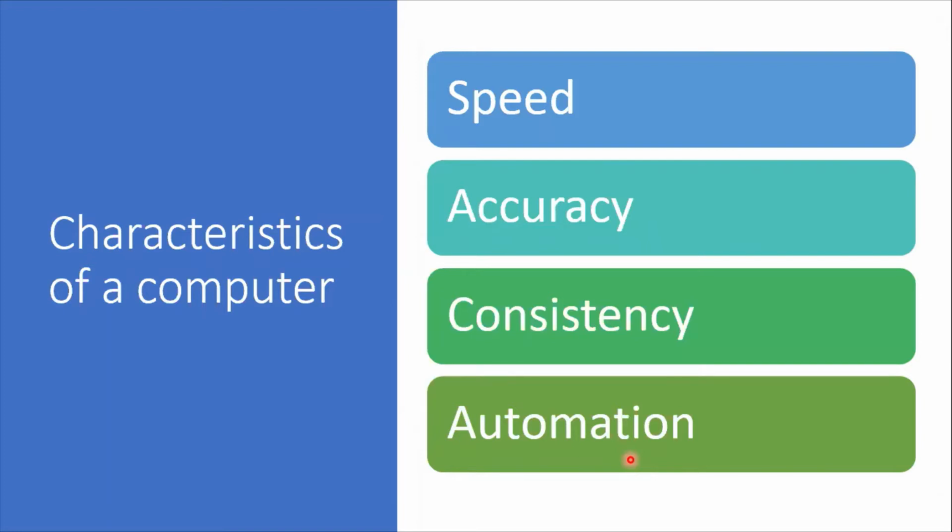Not only this simple automation: once you learn further, you will realize the entire software development process and the executions are automated. All of these are related to these characteristics of the computer. There are a whole lot of characteristics; I'm just mentioning these four.